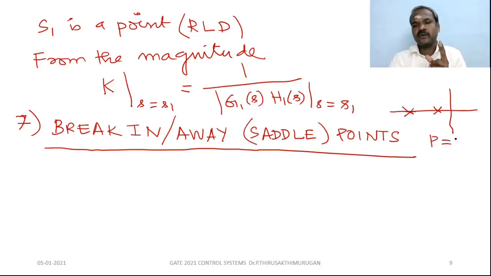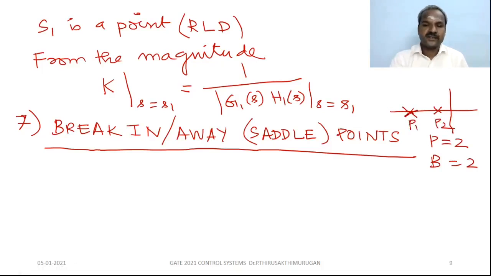Since P equals 2, there are 2 branches. One branch starts from P1 and another from P2. Where do the two branches terminate? They terminate at infinity because there are no zeros in this system, right?